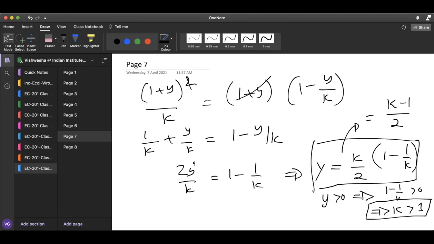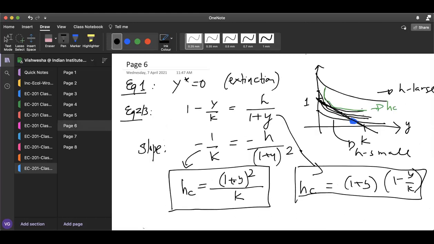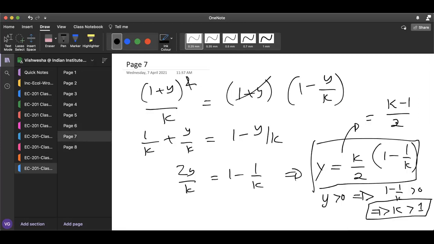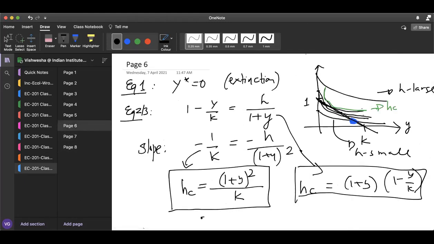Yeah, and in fact, it actually helps. If you go back here, this is 1 plus y whole square, right? What is 1 plus y? 1 plus y therefore becomes k plus 1 by 2. Now I can plug that into this previous equation, and we get k plus 1 whole square divided by 4k.